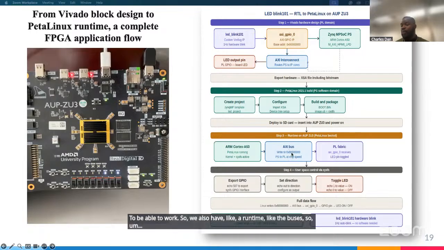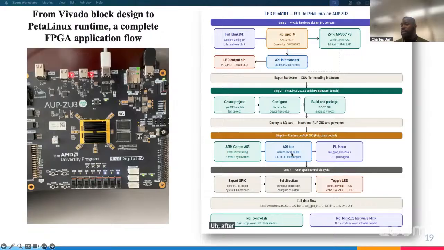After the XSA file, it assigns the bus of your AXI GPIO, so you know the particular GPIO that you are actually referencing. And there's also a constraint file which is linked to your GPIO pin as well. All those are defined in your code.